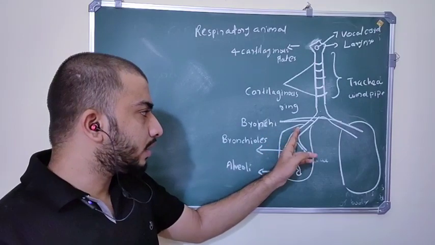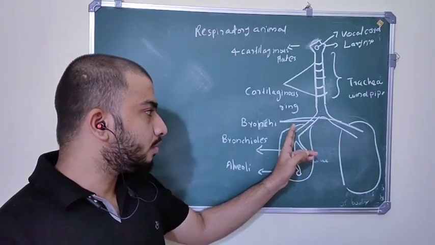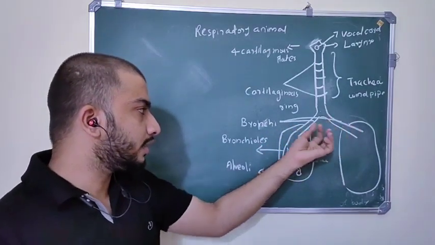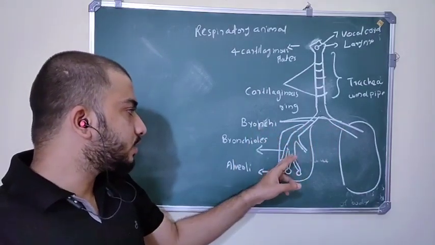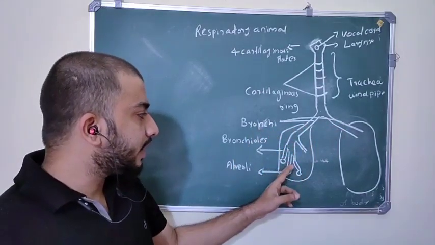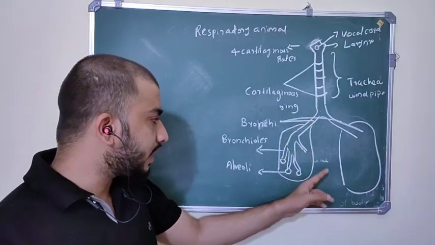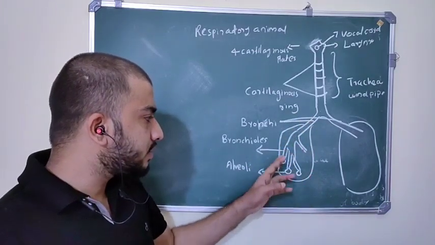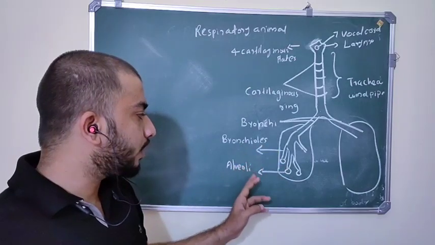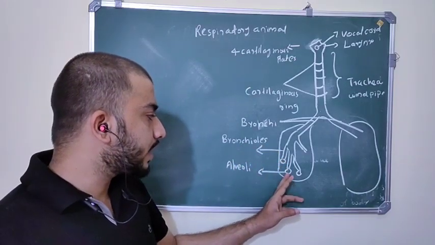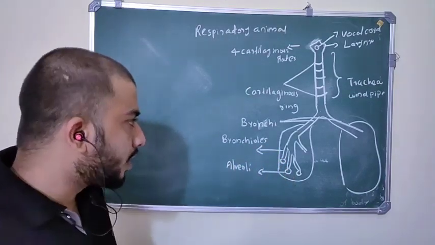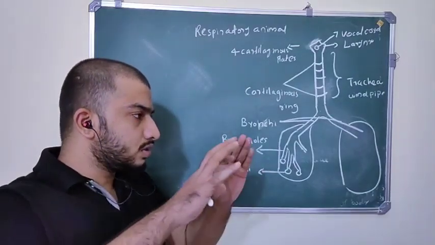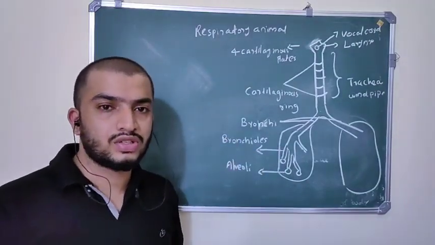This is one bronchus and this is another bronchus; together they are called bronchi. Each bronchus enters a lung, and inside the lungs they again divide into so many branches called bronchioles, and each bronchiole ends with alveoli. Our lungs are also surrounded by a double membrane structure called pleura.